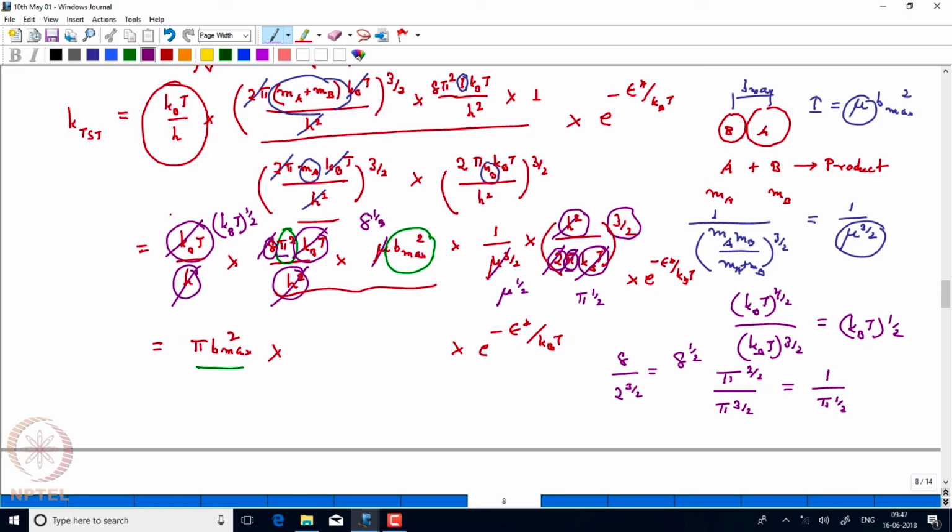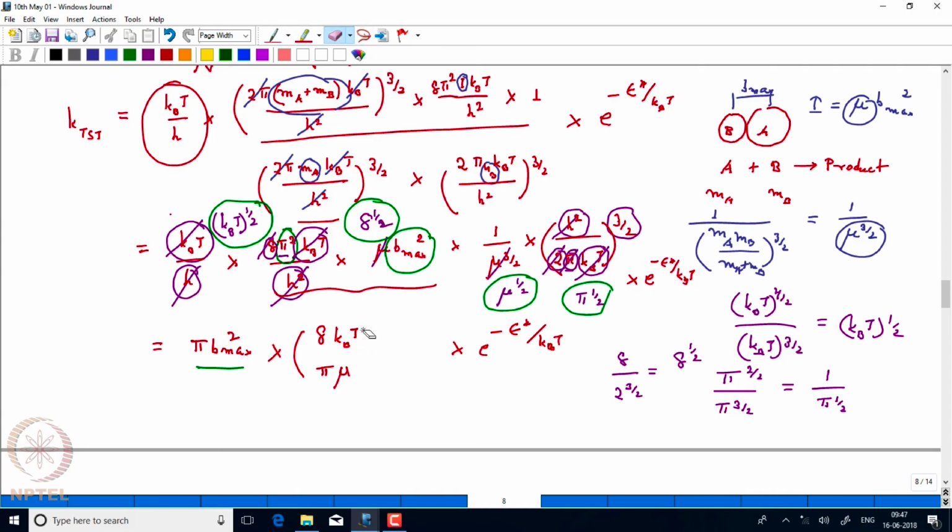So now I can actually arrange the terms, and as I can see here, I have 1 h to the power half, I have 1 kBT to the power half, and then I have 1 mu to the power half and pi to the power half. So I'll just arrange all of them, and then I can write it. In the numerator I have 8 kBT, and in the denominator I have pi mu, everything raised to the power half.